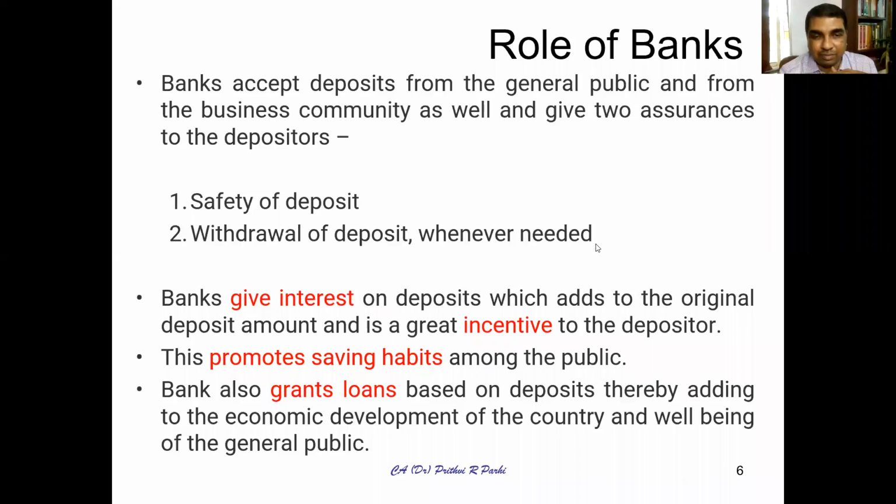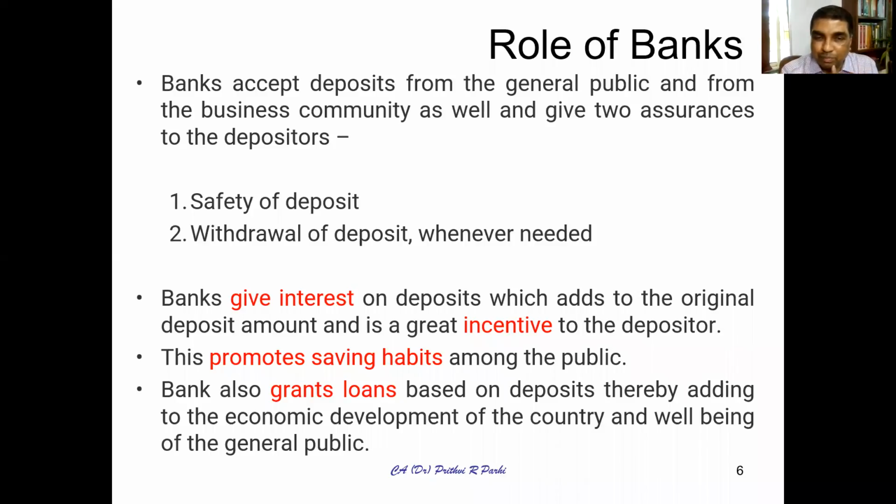And since depositors are given incentives, which are a kind of reward, the banking system promotes the saving habits of the people. People feel that money idle in your pocket is not earning anything. But if you park that money in the bank, you will get some incentive. So it promotes saving habits of the people because they are given incentive.